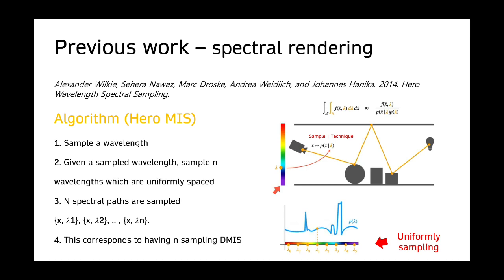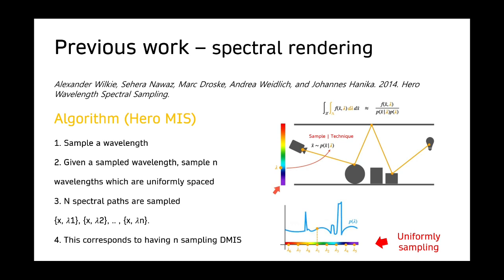In spectral rendering, first a wavelength is sampled, and then n wavelengths based on that wavelength, and then a path based on those n wavelengths. The distribution of wavelengths often takes into account camera responsivity and the emission profile of light sources.